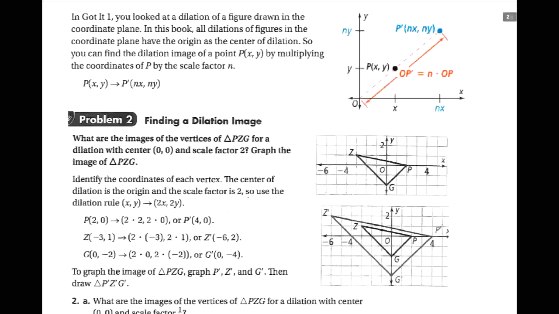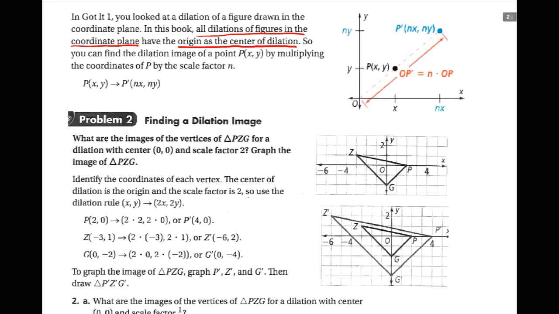We looked at a dilation figure in the coordinate plane. This is probably important: in this book, all dilation figures in the coordinate plane have the origin as the center of dilation. So that makes things really easy. We are going to have a dilation formula here.